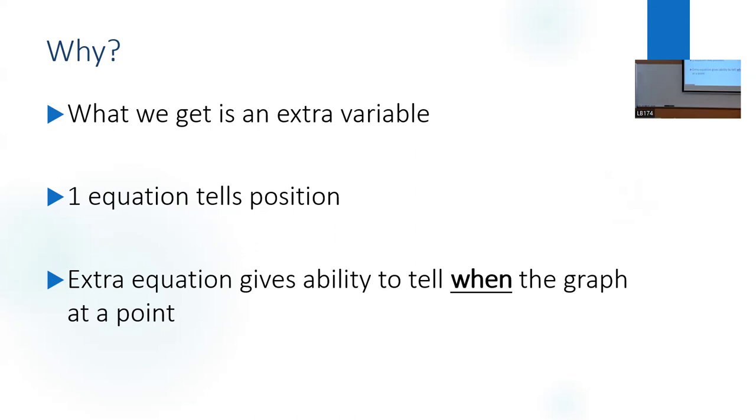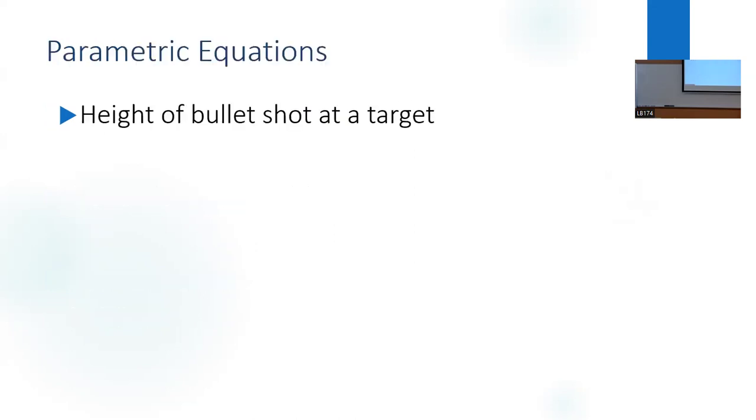And there's a lot of situations in which you want to know when something is located there. All right. So think of like the height of a bullet shot at a target, or think of something like a planet orbiting around a sun, or think about just traveling in a car.